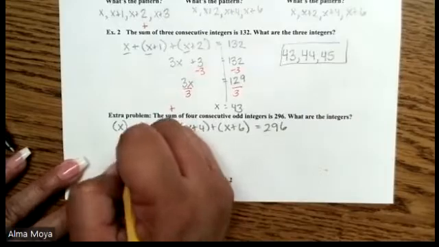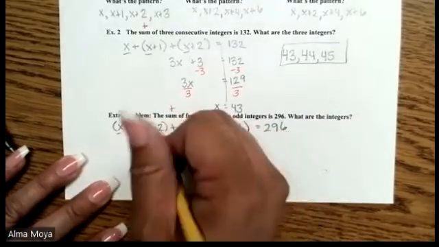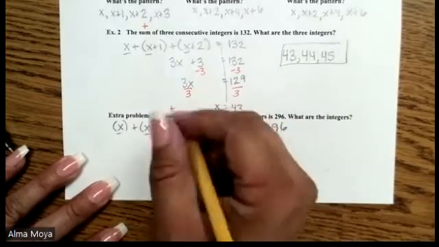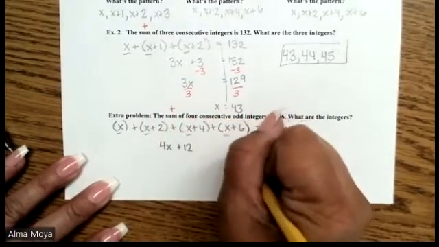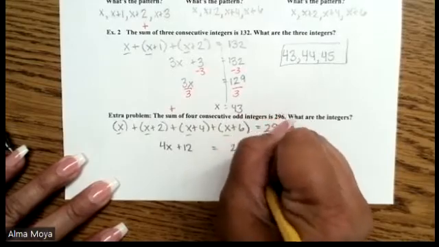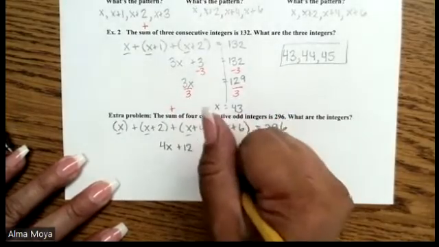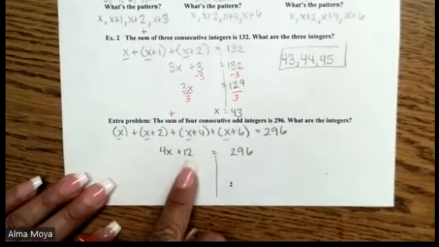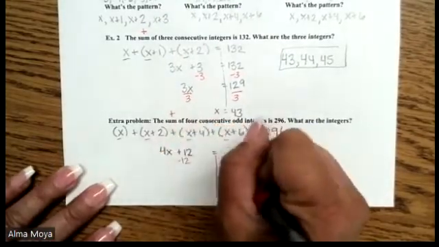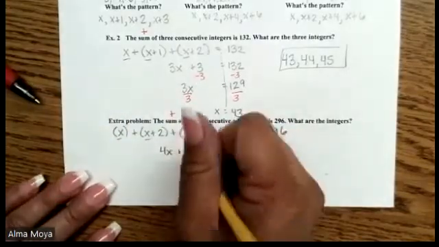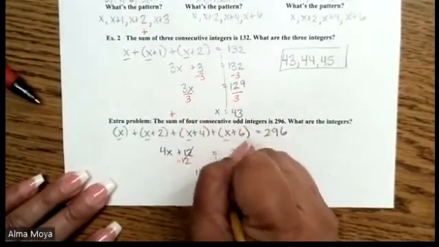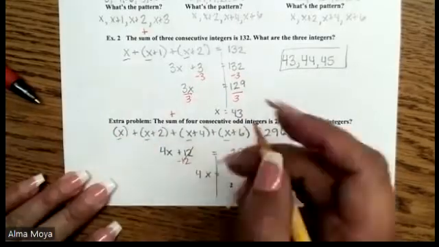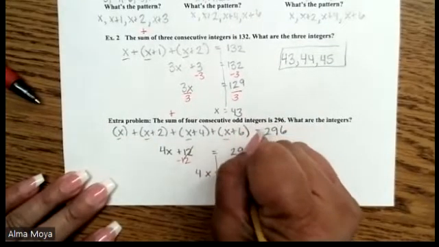I'm going to combine like terms. x is 4x. 2 plus 4 is 6. 6 plus 6 is 12. You are solving for x. So get rid of any add or subtract on the side of the variable. So I'm going to get rid of the 12. So 296 minus 12 is 284.